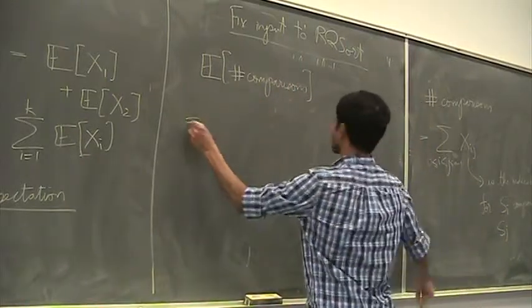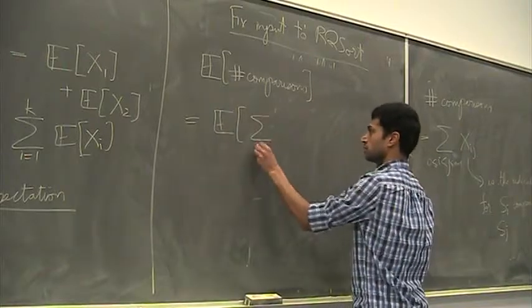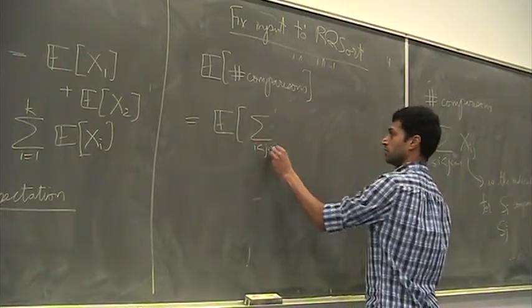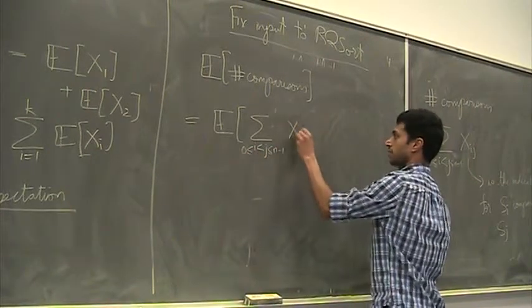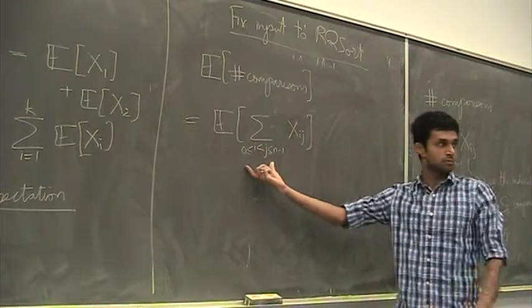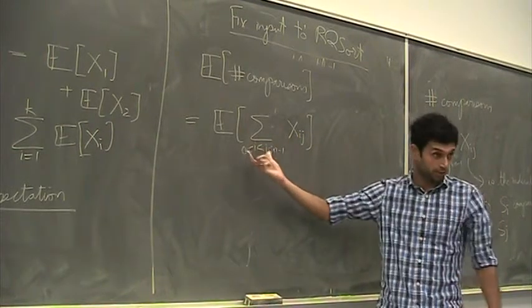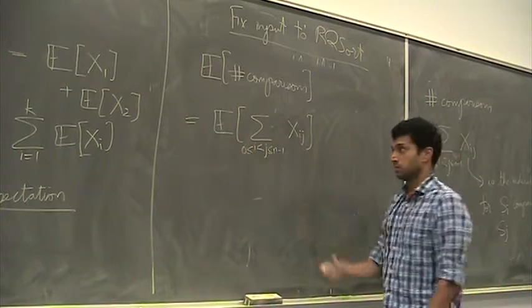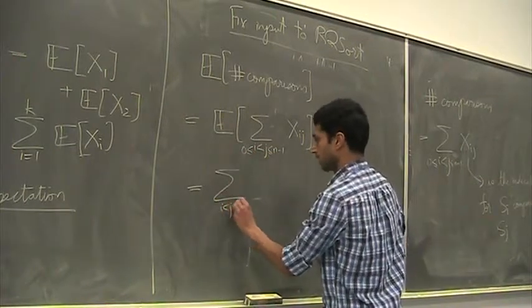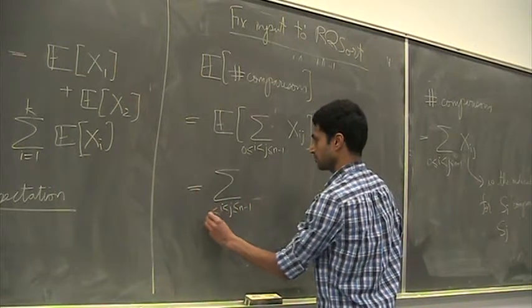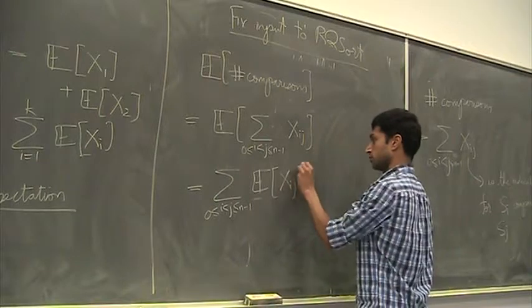I'm just going to say that's the expectation of the summation over i less than j of xij. But I can use linearity of expectation now. And I get the sum over i less than j of the expectation of xij.